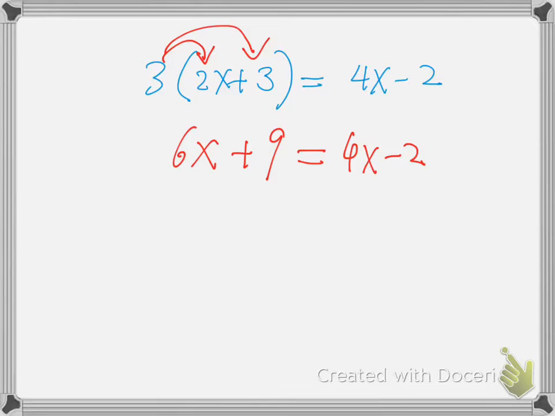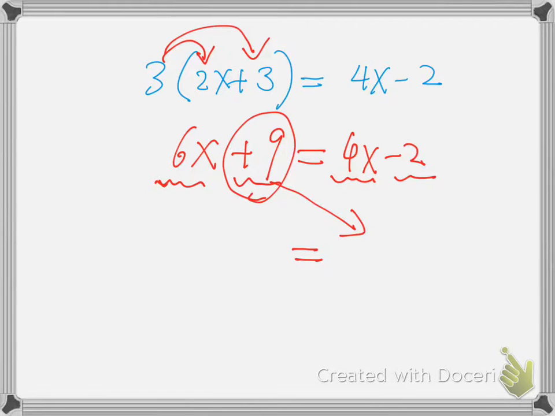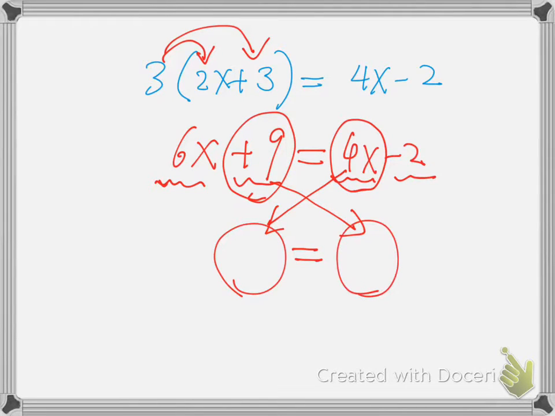So now we have x term, number term, x term, number term. We can move. So now the rule: number goes to the right hand side and x term goes to the left hand side. So now let's write down the move step, right?